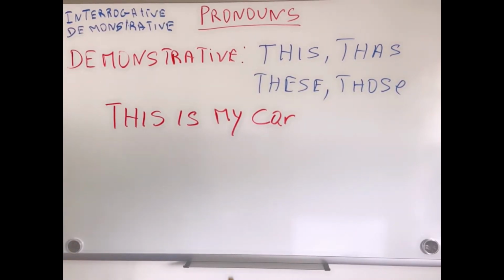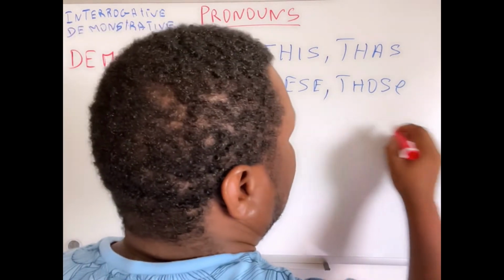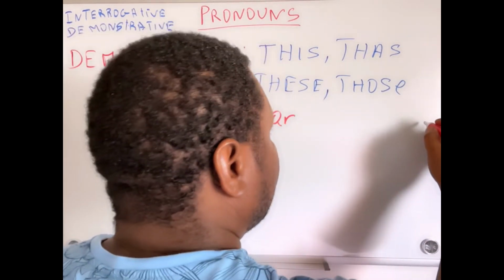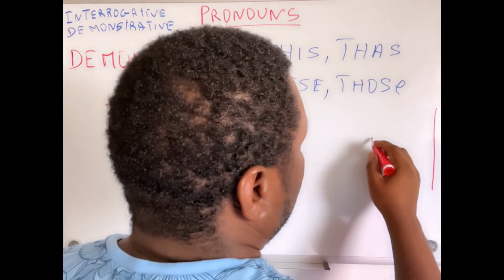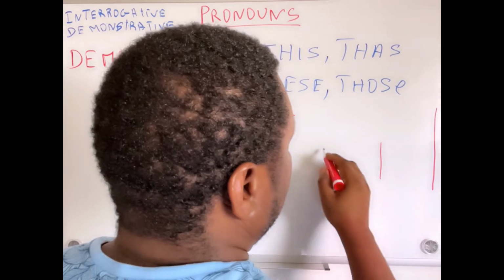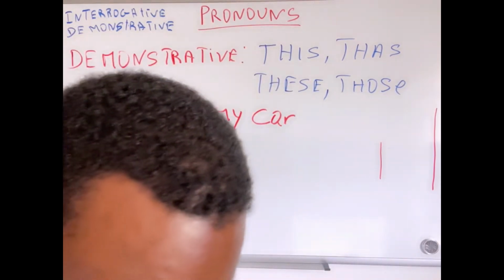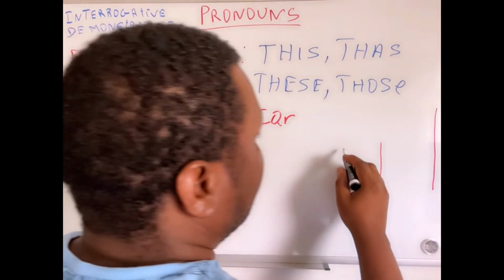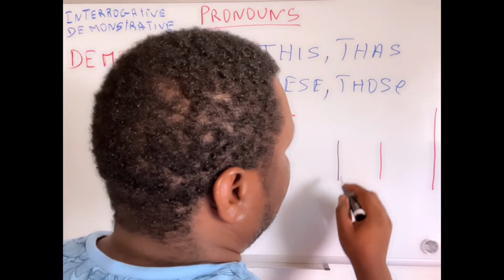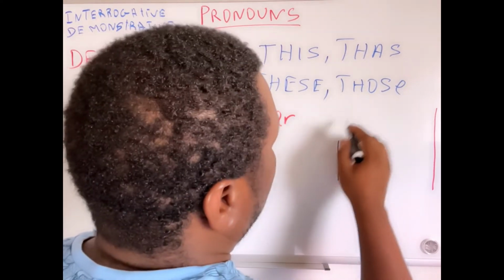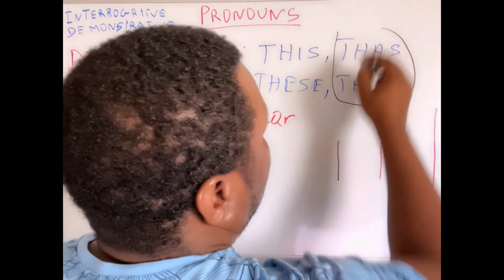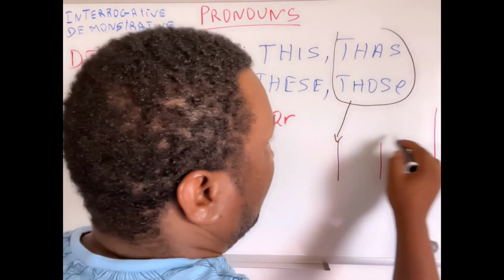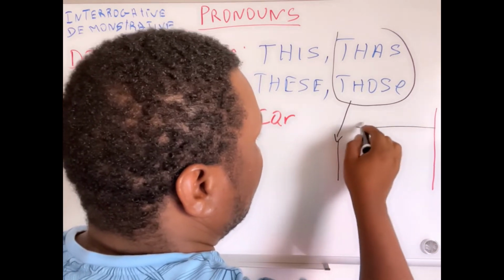And I will show you this is the destination. Destination is here. You have something here, and you have something here. Here you use those, because they are farther from the destination.